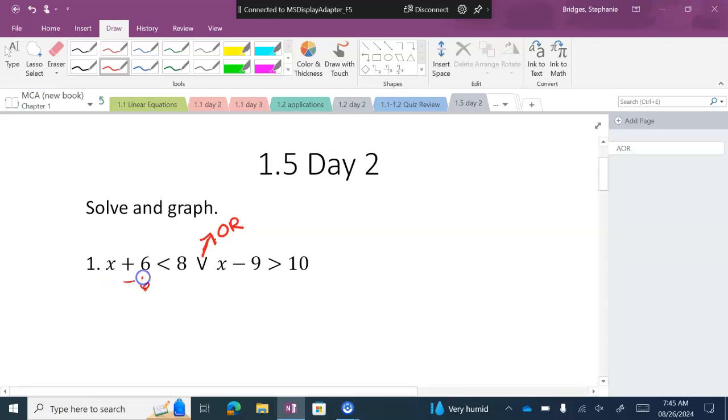So to solve this, I'm going to subtract my 6 over. So that's going to be x is less than 2. Or, go ahead and solve the second one. X minus 9 is greater than 10. Solve that one for x.